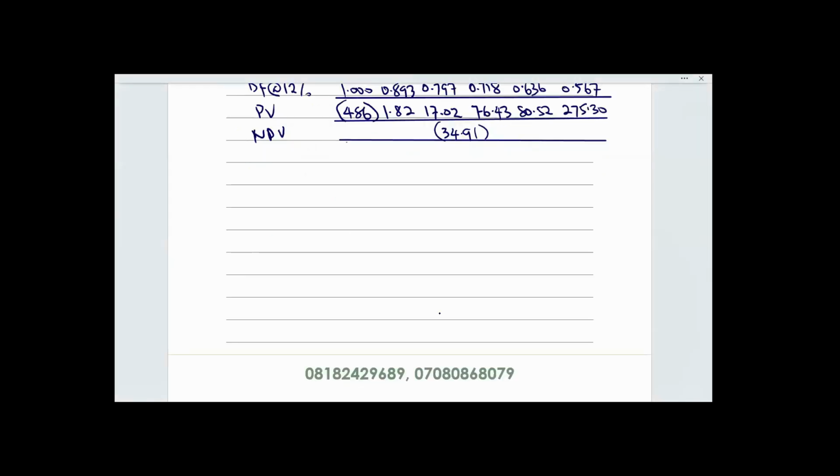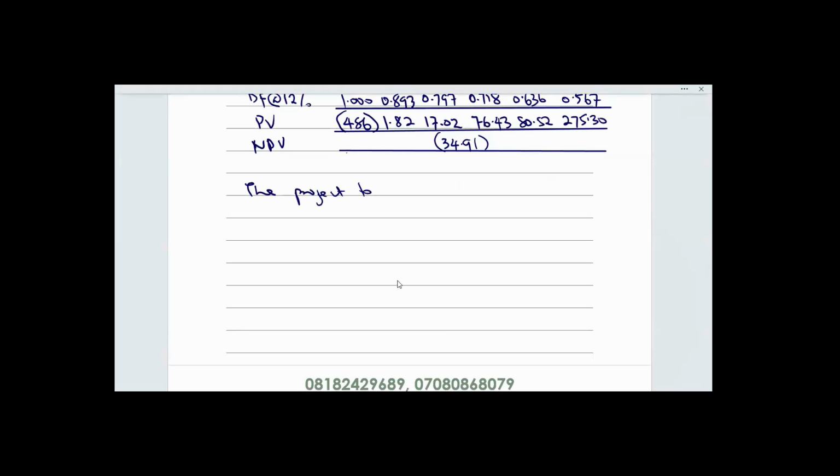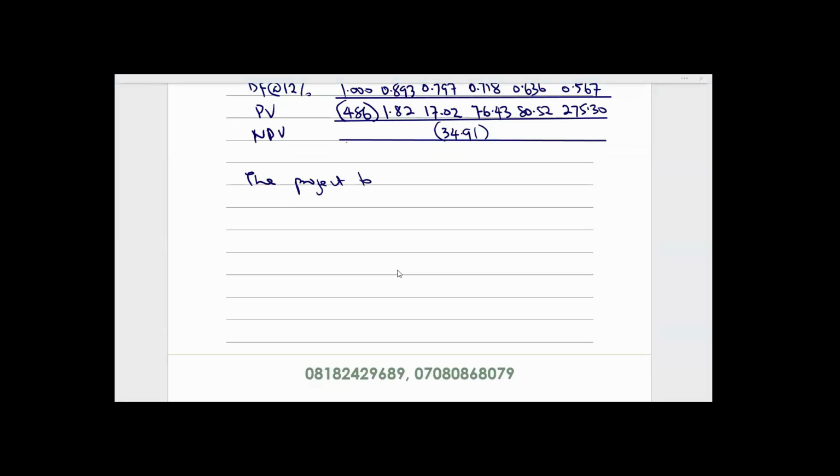So I would then say the projects to commercialize. Let me go back to the question in the requirements. You have to assess whether you undertake the project of developing and commercializing the major outboard engine.